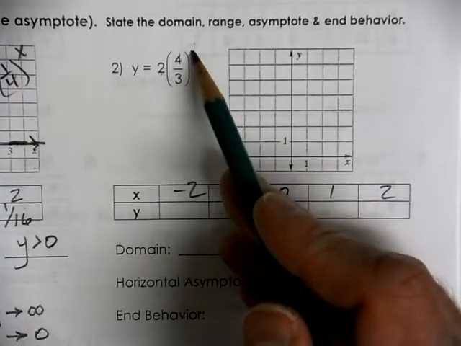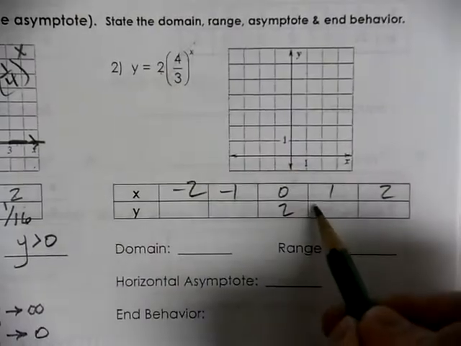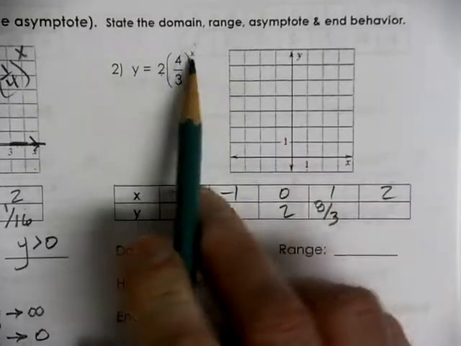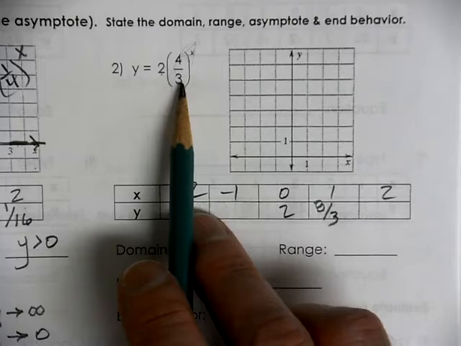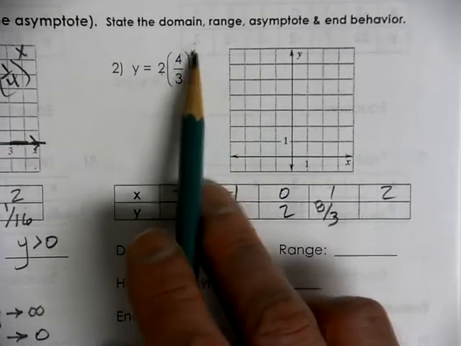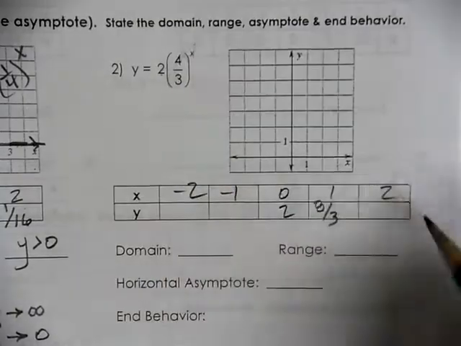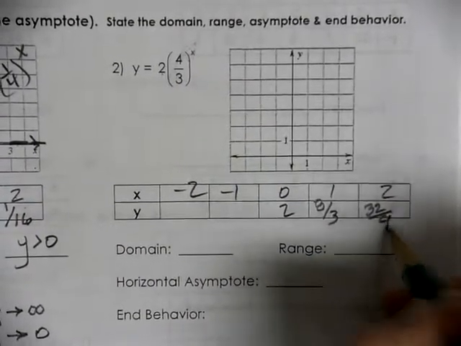When it's 1, you're going to get your b value times 2 is 8/3. And when it is 2, you're going to get 16/9. You square both the top and the bottom. 16 times 2 is 32, so 32/9.